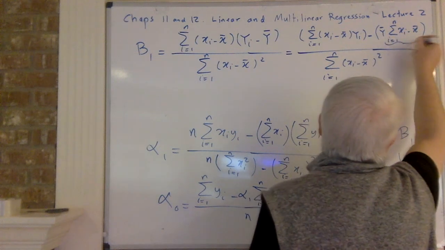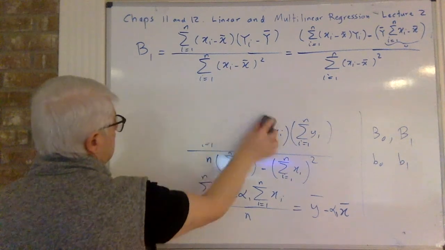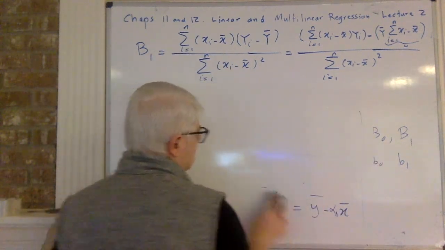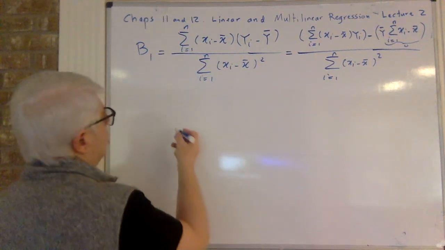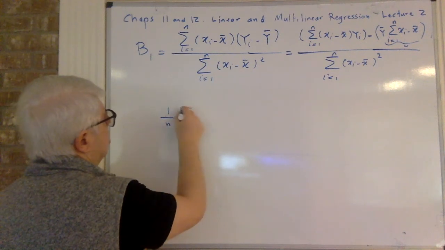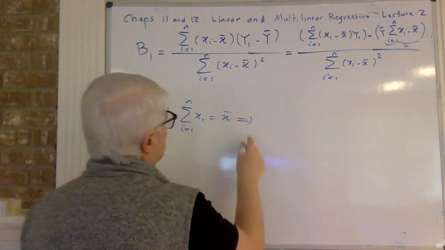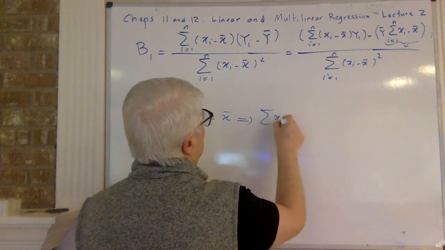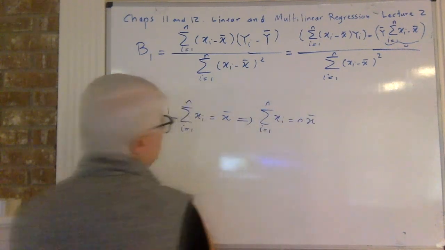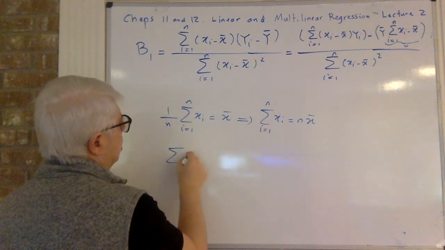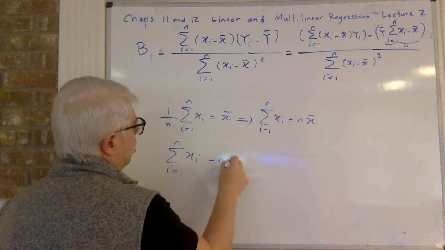Now this guy here is 0, right? The sum is 0. Let me show you why it is 0. I know 1 over n sigma i from 1 to n xi is x bar, right? So that is sigma xi, i from 1 to n, is n x bar. So if I move it to this side, I have sigma xi minus n x bar is 0.